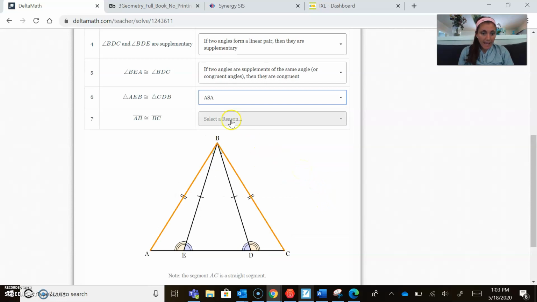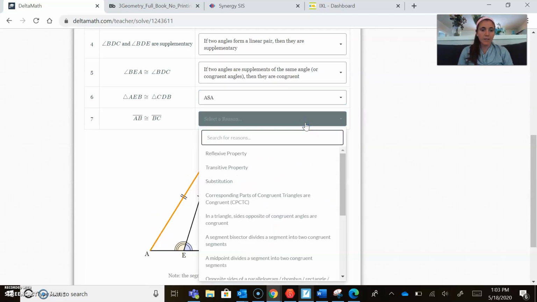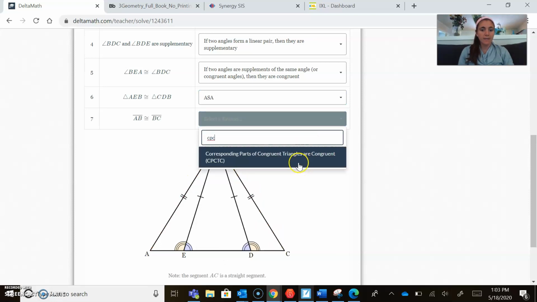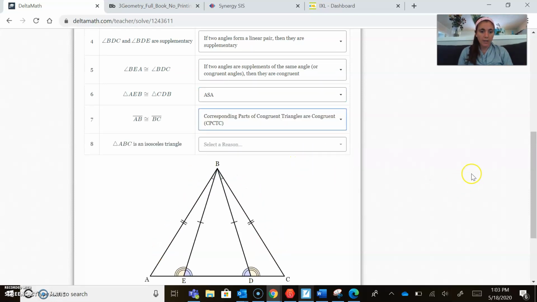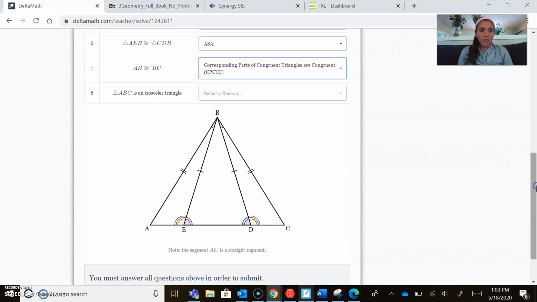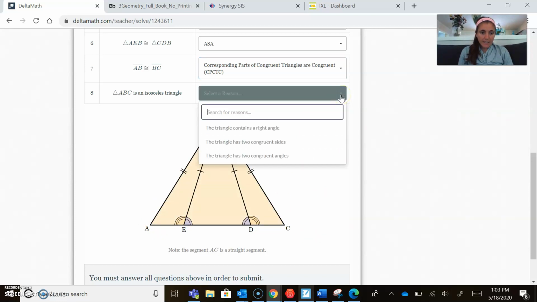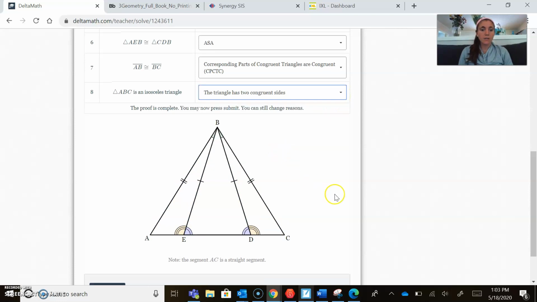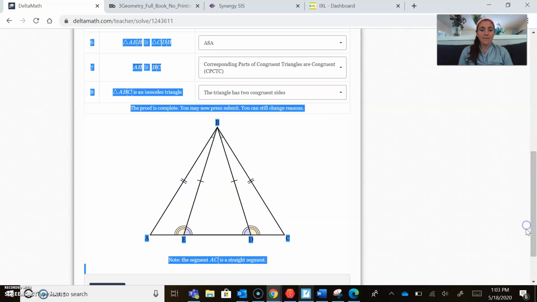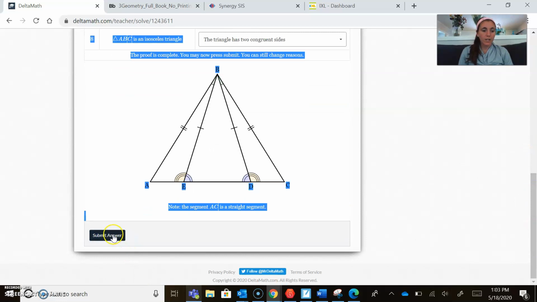So that means that AB and BC must be congruent because of CPCTC. Corresponding parts of congruent triangles are congruent. All right, now we know that ABC is an isosceles triangle because the triangle has two congruent sides. We are good to go.